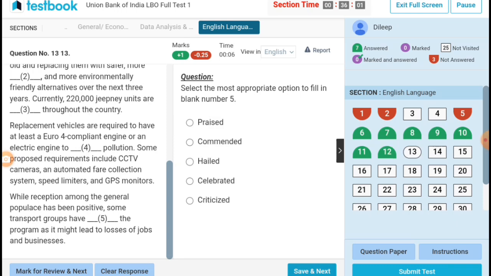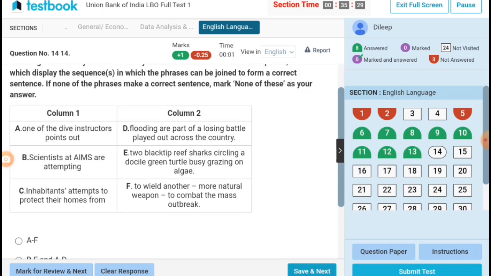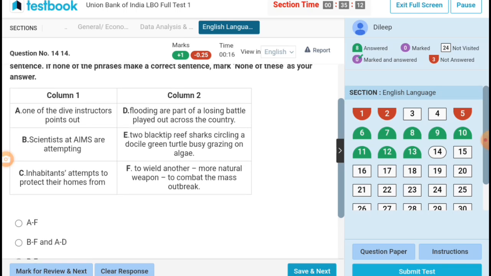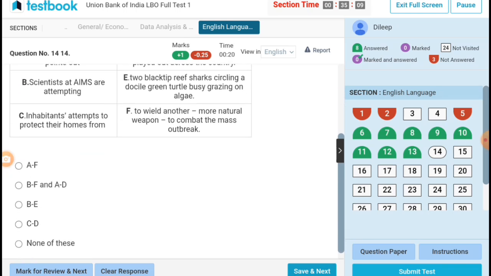Some proposed while reception among the general populace has been positive. Some transport groups have commended the program, though it also drew criticism. I think commended. One of the dive instructors points out scientists at AIMS are attempting to protect their homes. I think CDBF.